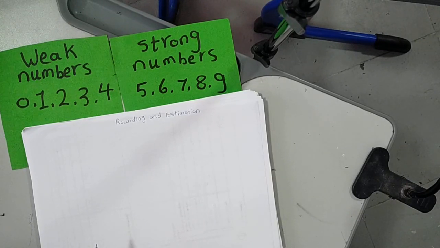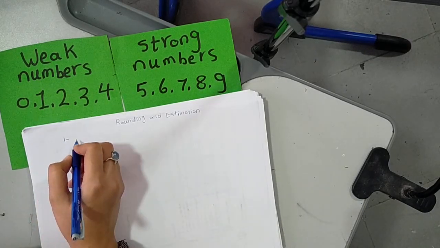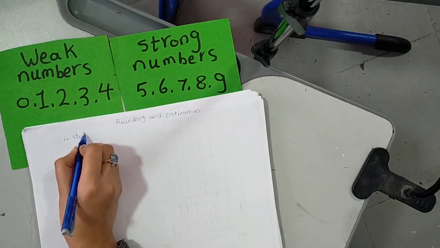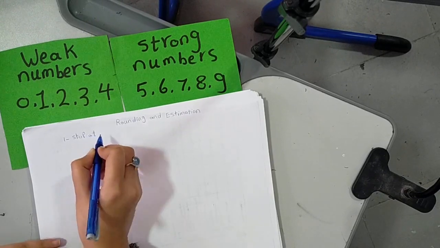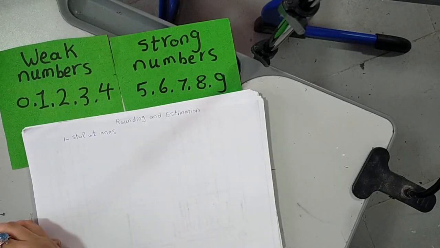To round the numbers, I have two steps. The first step is stop at ones. So I have a number, it consists of tens and ones.